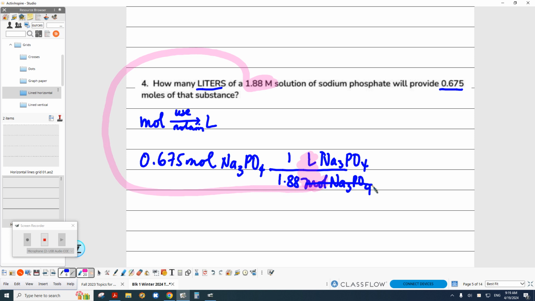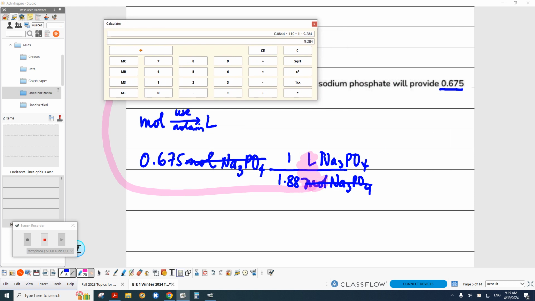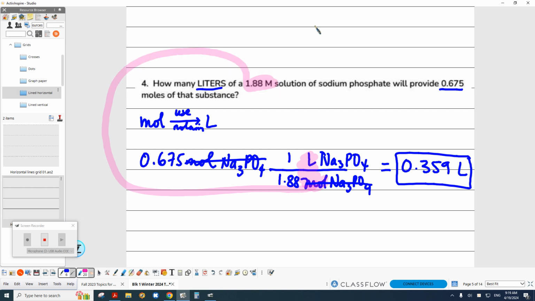Moles cancel out, and now we only need a calculator. 0.675 times 1 divided by 0.188. We need a 3-digit answer, and that happens to be 0.359, and it's liters. And so the question said, how many liters? The answer is 0.359 liters.